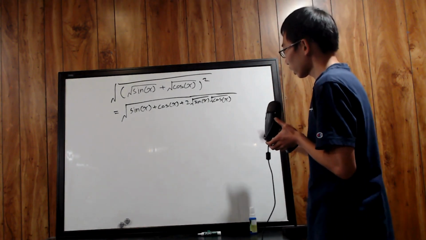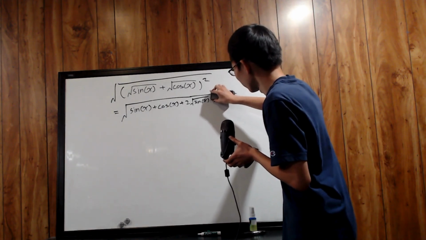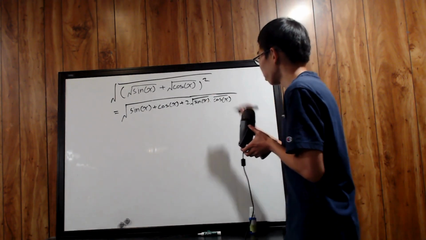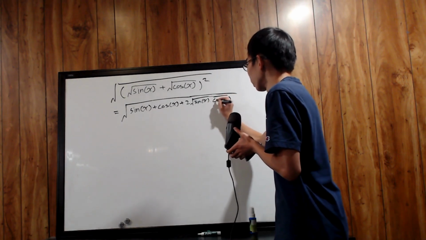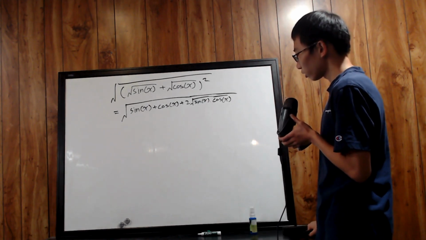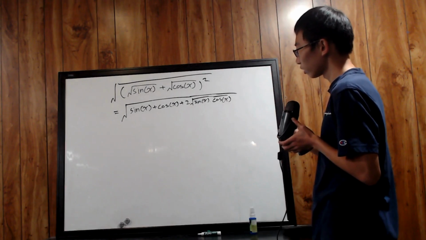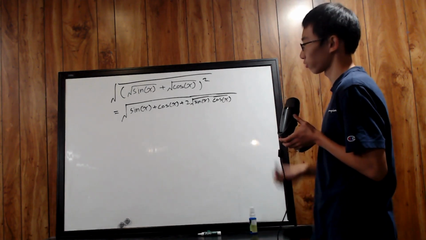Now, we can actually combine the square roots into one entire square root. So I'm going to use an eraser to erase that. And we can combine this entire square root by the property of square roots. And now, this might look all too complicated. However, there is one formula we can use to simplify this.